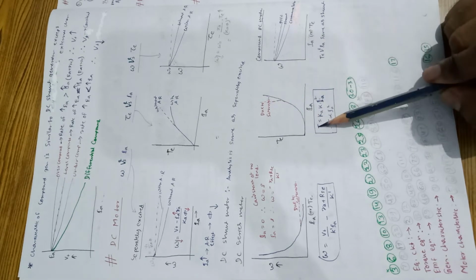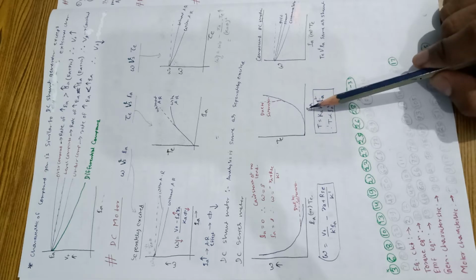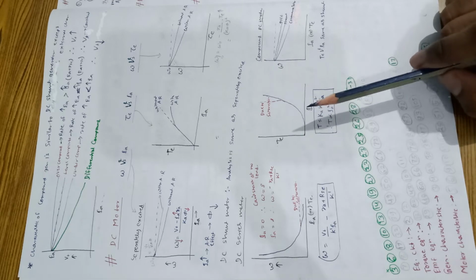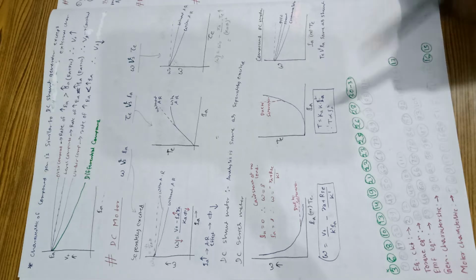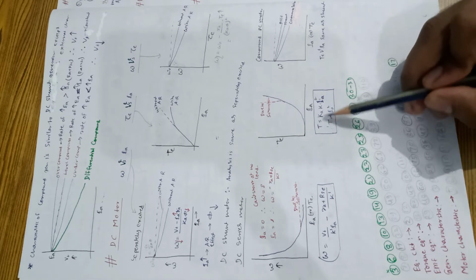And we know that in case of a DC series motor, the field winding is connected in series with the armature. That's why we have a torque equation like this.